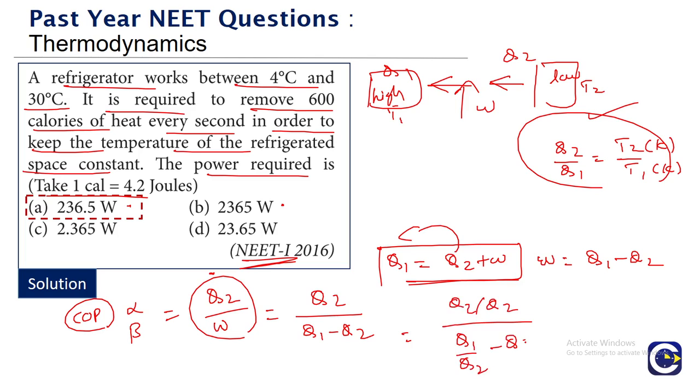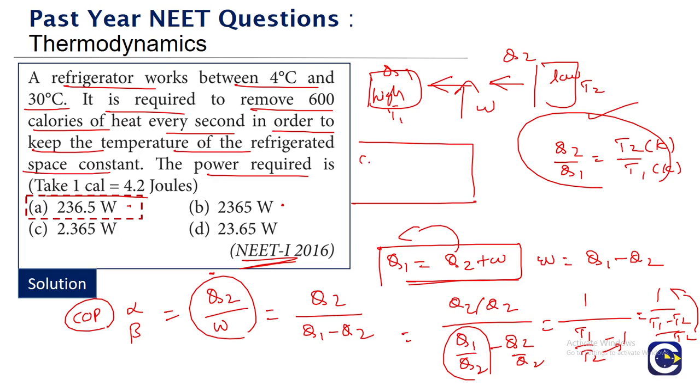Q1 by Q2 minus Q2 by Q2. So that is numerator is 1 divided by Q1 by Q2, means what? T1 by T2 minus 1. So take an LCM, it will be what? T1 minus T2. So the T2 will go to the numerator. So the COP value will be equal to T2 by T1 minus T2. So this is the coefficient of performance for the ideal refrigerator.